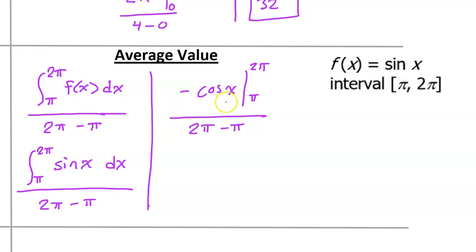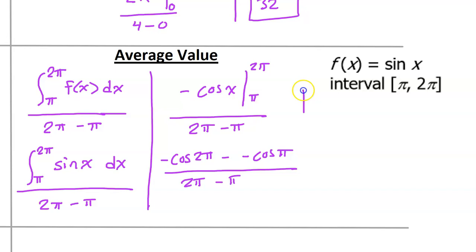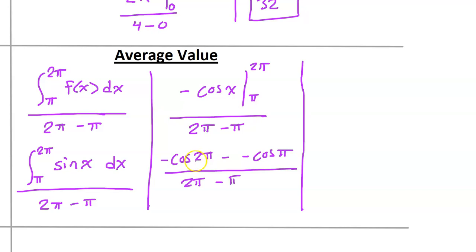You evaluate a definite integral by finding the value at 2 pi minus the value at pi. So I will have negative cosine 2 pi minus negative cosine pi. Notice the double negative here. And meanwhile, I still have 2 pi minus pi. Don't worry, I will simplify that on the next step. The cosine of 2 pi is the same as the cosine of 0, and that is 1.